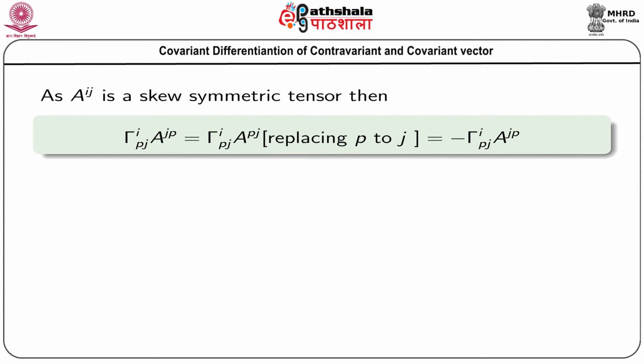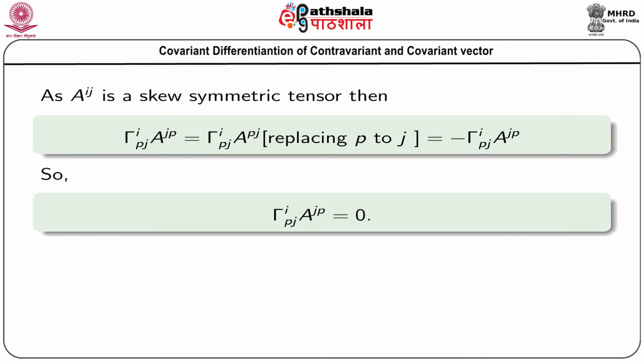Now, as A i j is a skew symmetric tensor, we can express it this way: gamma i p j A j p equals gamma i p j A p j by replacing p with j, and by using the skew symmetric property, we get minus gamma i p j A j p.